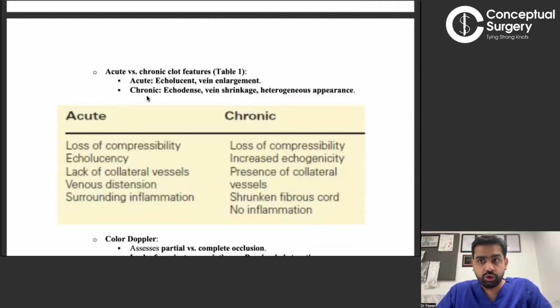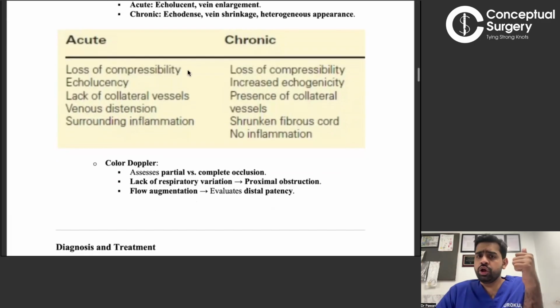But in the chronic clot, it is echo-dense, more echogenic, the vein has become shrunken, and there is a heterogeneous appearance. So in the acute clot you have echolucency with vein enlargement.